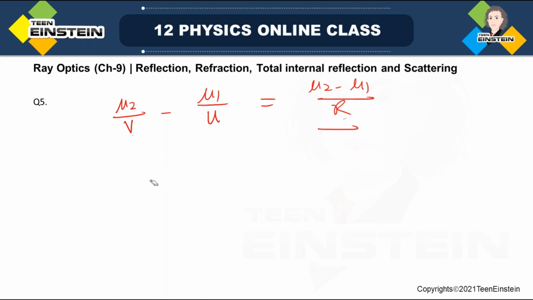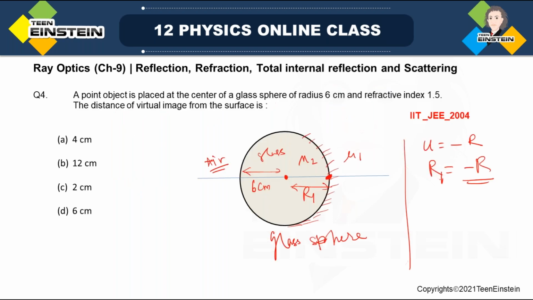as you know, I'm writing this for the right hand surface. This is mu2, this is mu1.